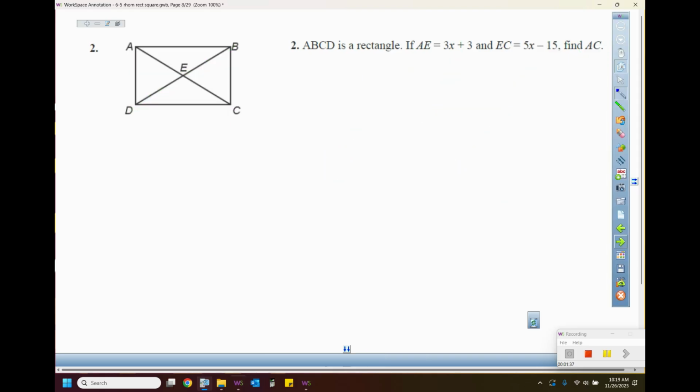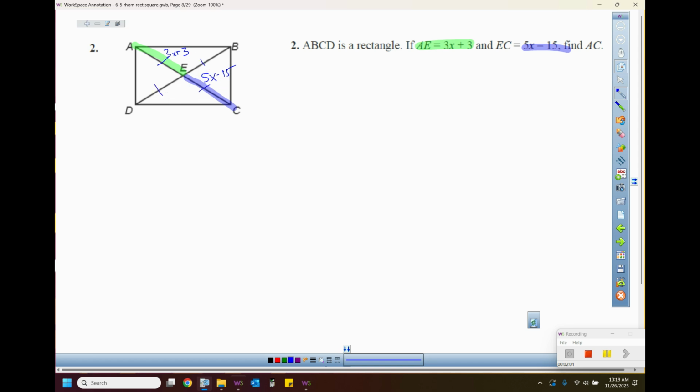Let's try that again. It says ABCD is a rectangle. Sweet. The distance from A to E, just a little piece, is 3x plus 3. So we'll put him in the picture. And the distance from E to C is this piece right here, 5x minus 15. Well, those are on the diagonals, and according to my hierarchy, the diagonals are not only equal, but they also bisect each other.